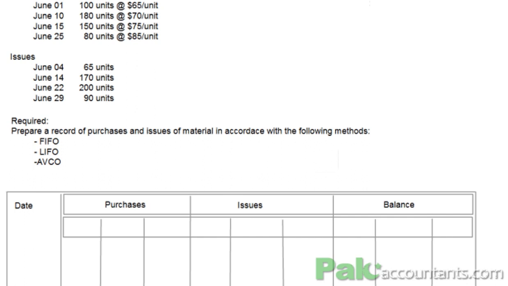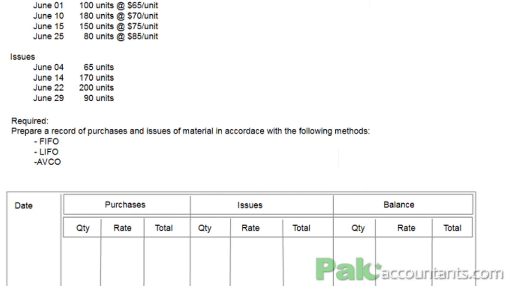Okay, and this one is for quantity, rate. Then we have the total. We have the quantity, and we have the rate, then we have the total, we have the quantity again, rate, and then total. Okay.